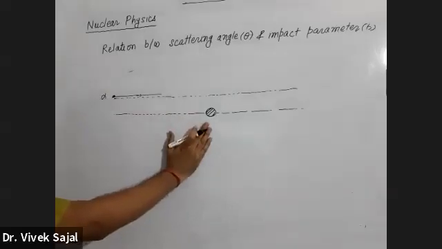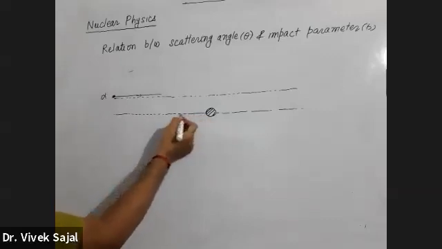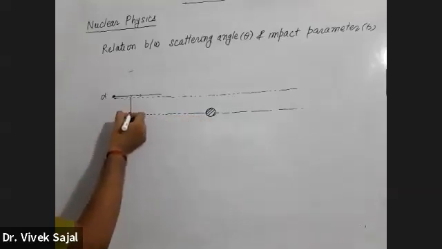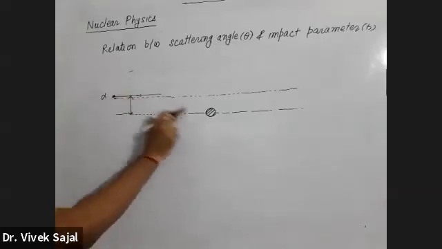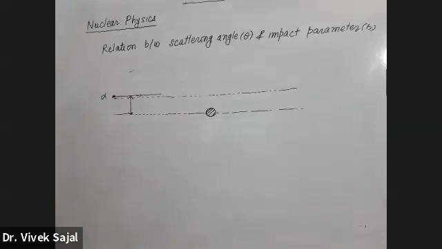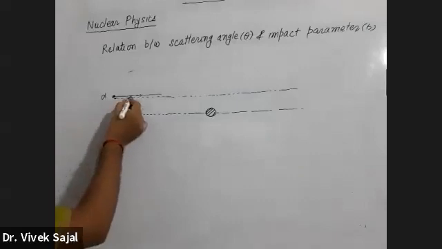Then the minimum distance between the nuclei and this alpha particle, when there was no force or repulsion taking place between them, this is known as the impact parameter.